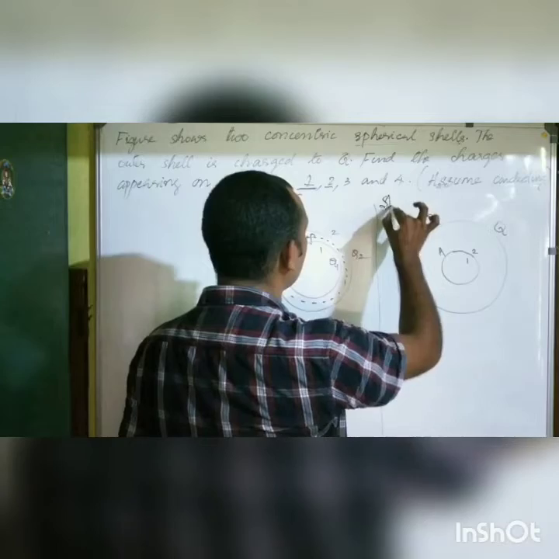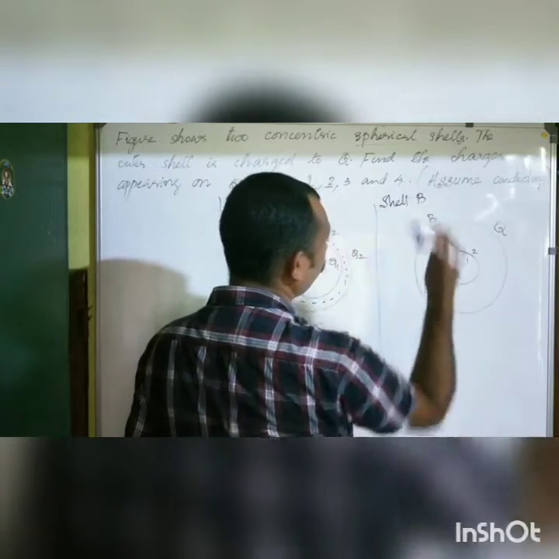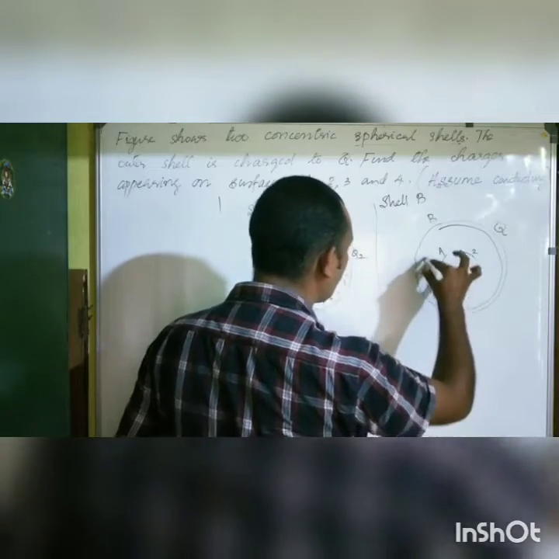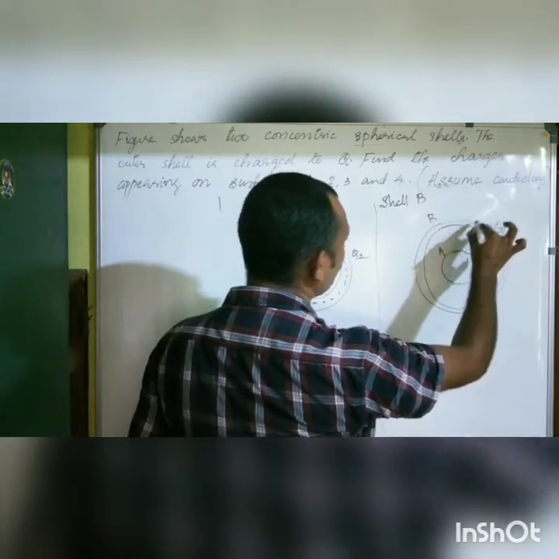Let's take the shell B. Again, I am making it thick for the understanding purpose. This is surface 3 of the shell.